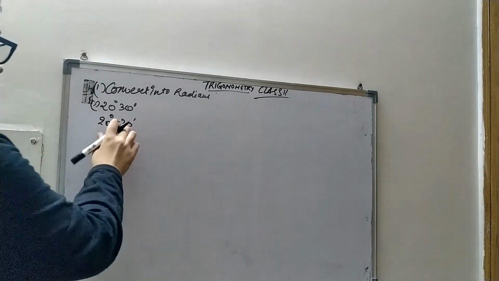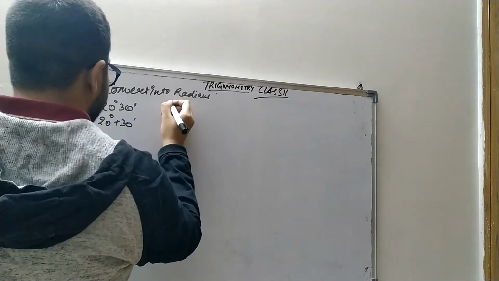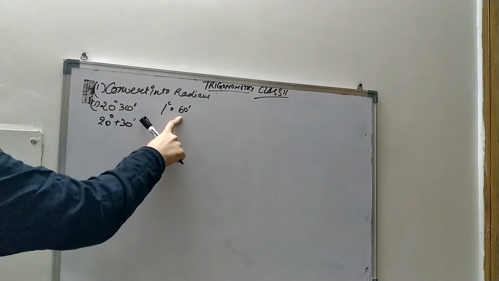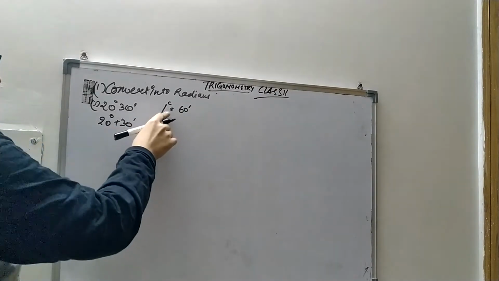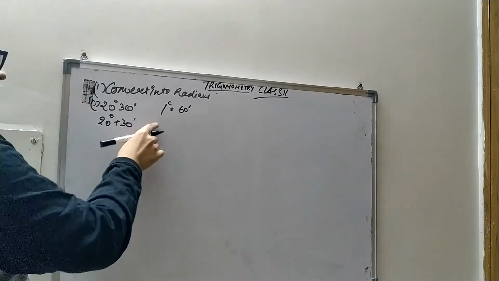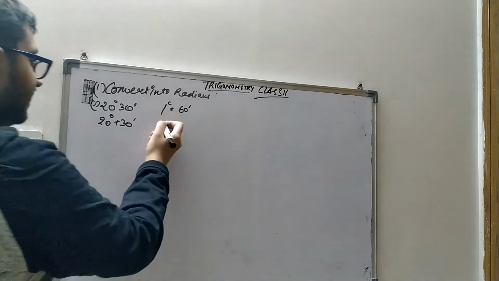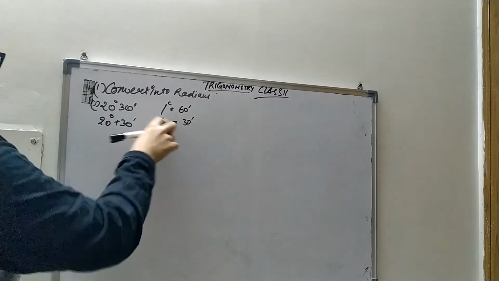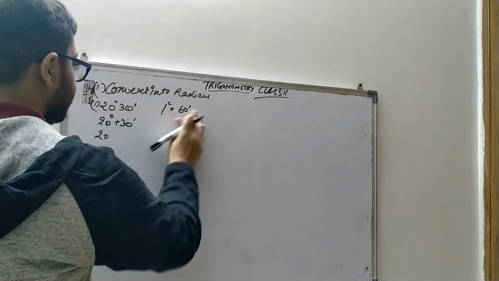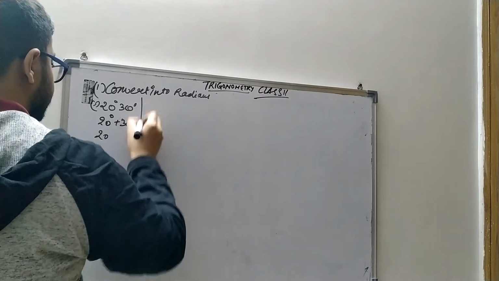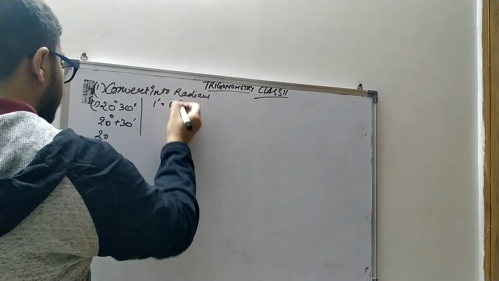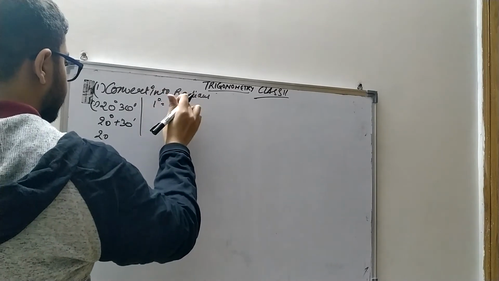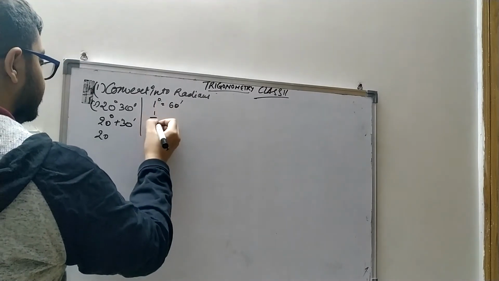You know that 1 degree is equal to 60 minutes. So if 1 degree is equal to 60 minutes, then 30 minutes is half of 60, so it will be half a degree. So 30 minutes is equal to half a degree, and we write it.